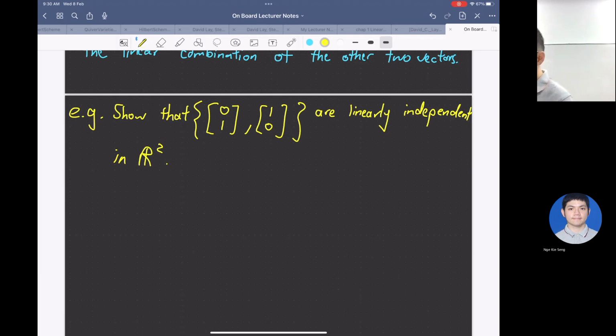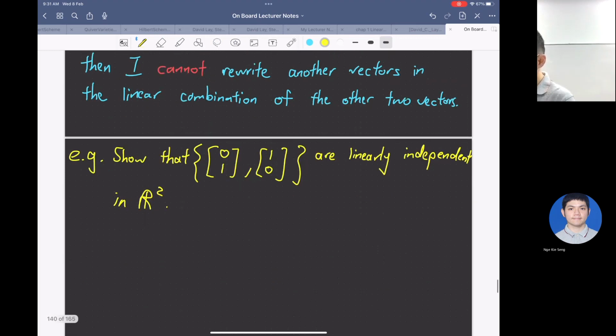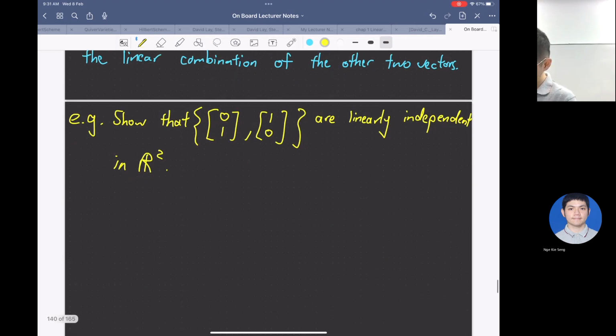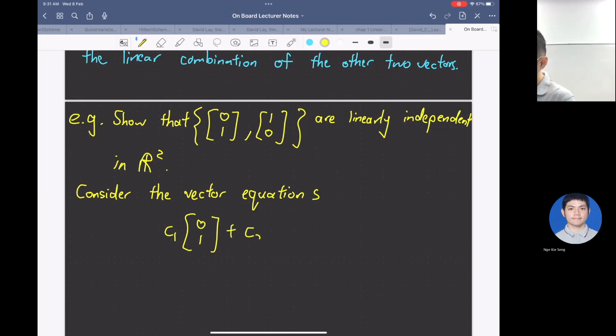So show that these two are linearly independent. So let's check the definition. What's the definition of linearly independent? So consider the vector equation: C1 times 0, 1 plus C2 times 1, 0 equal to 0, 0.